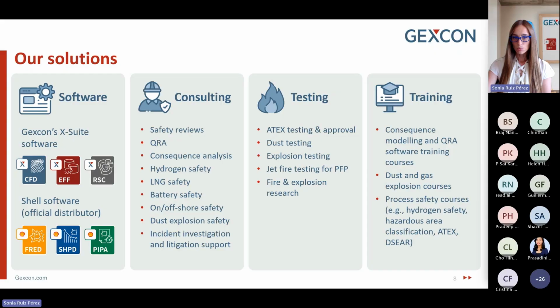We also offer expert consulting services, which are backed by over 50 years of research and development experience in major hazard areas. We also perform incident investigation and litigation support, fire and explosion testing services, and we also offer specialized software and process safety training courses.